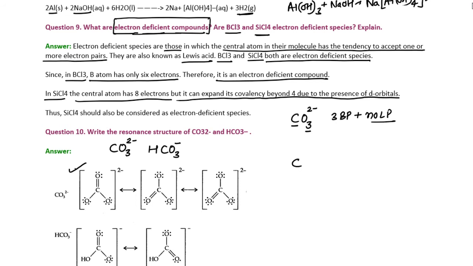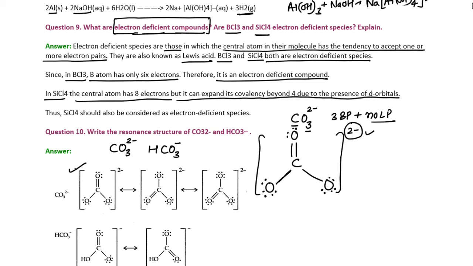So when you write the structure, first of all write like this. Now as two negative charge, that means there are two single bonds and one double bond. Number of negative charge is equal to number of single bonds with oxygen. And to complete octet, single bonded oxygens need 3 pairs, and double bonded oxygen needs 2 pairs.